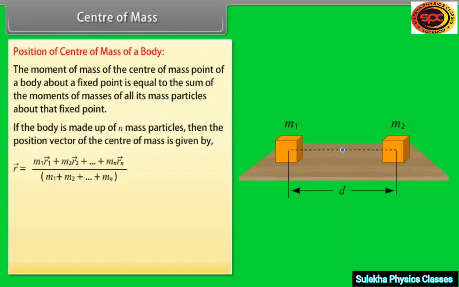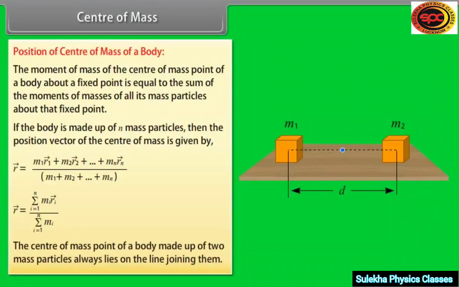On summarizing the above relation, we get r vector is equal to summation from i equal to 1 to n of mi ri vector, divided by summation from i equal to 1 to n of mi. The center of mass point of a body made up of two mass particles always lies on the line joining them.